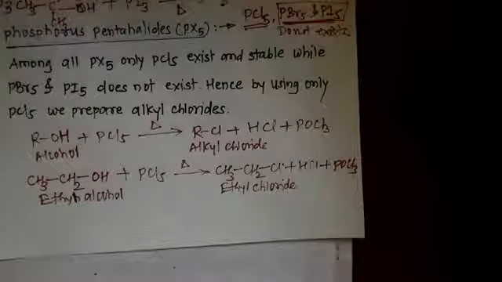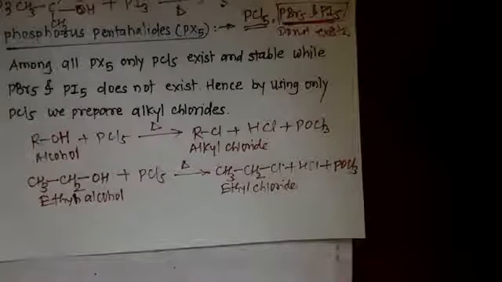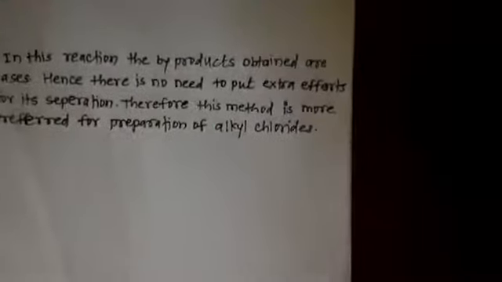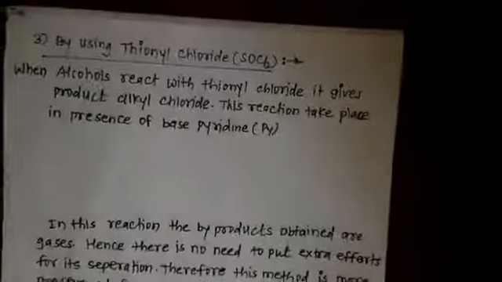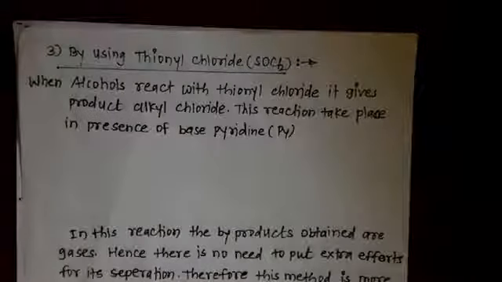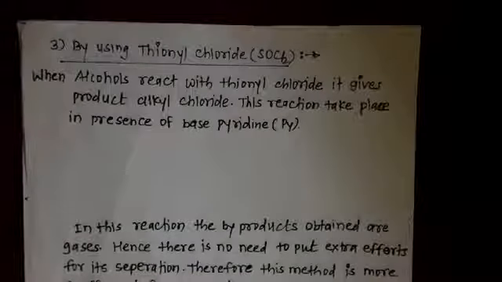Now we go to the last preparation method of alkyl halides, that is preparation of alkyl halide by using alcohol and thionyl chloride.